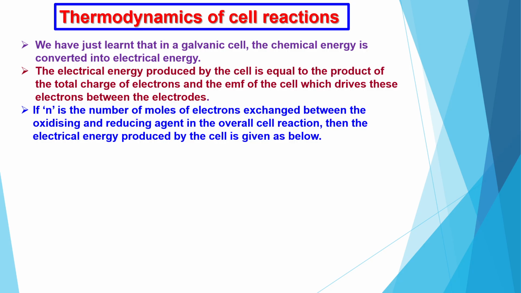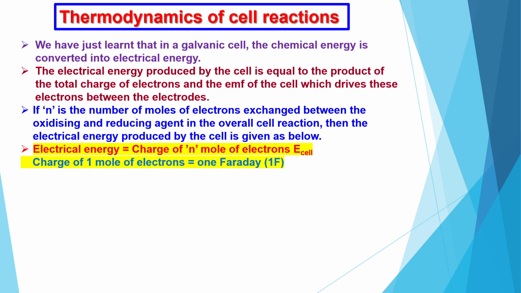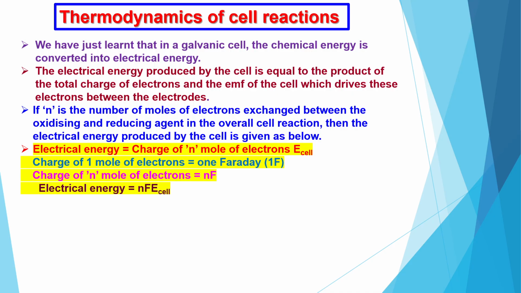If n is the number of moles of electrons exchanged between the oxidizing and reducing agent in the overall cell reaction, then the electrical energy produced by the cell is equal to the charge of n mole electrons. Now the charge of 1 mole electron is taken as 1 faraday. So the charge of n mole electrons will be nF, that is n times 1 faraday. So the total electrical energy I am getting here is nF into E cell.